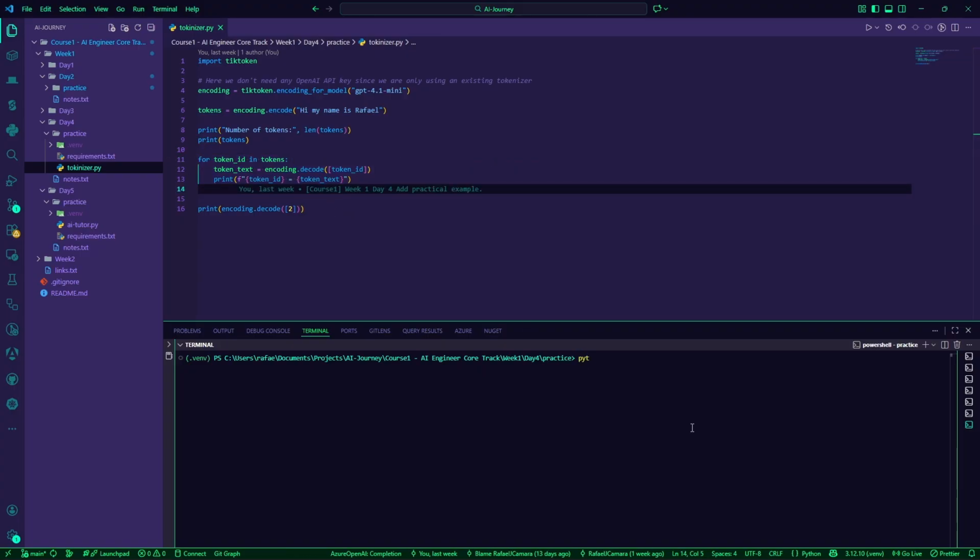In this case, we are using TickToken. TickToken is the tokenizer, I believe, from OpenAI, okay?